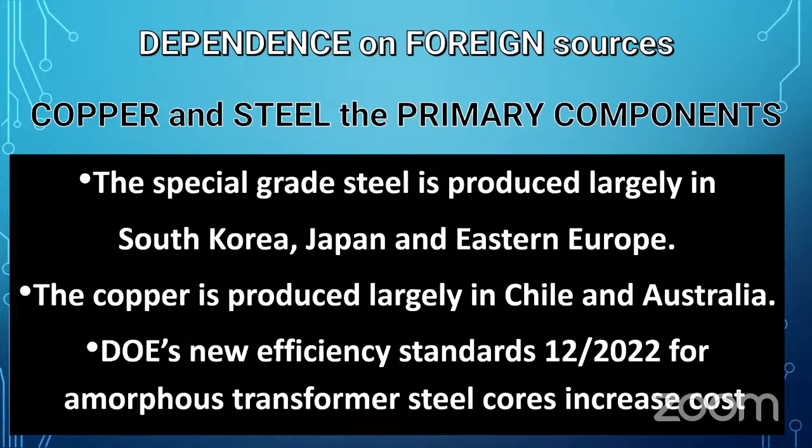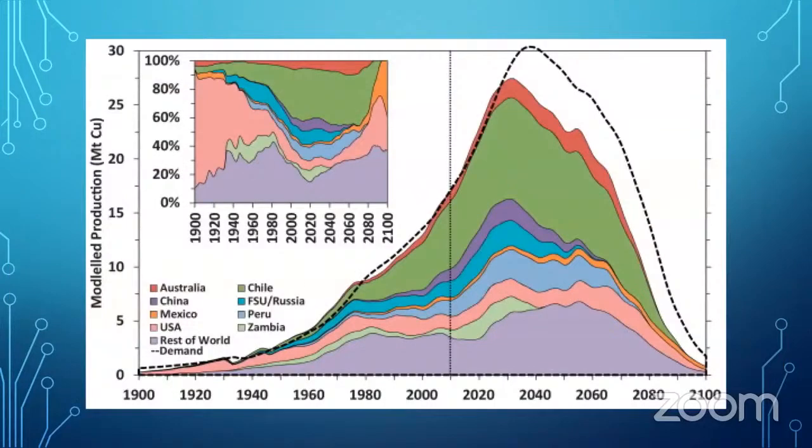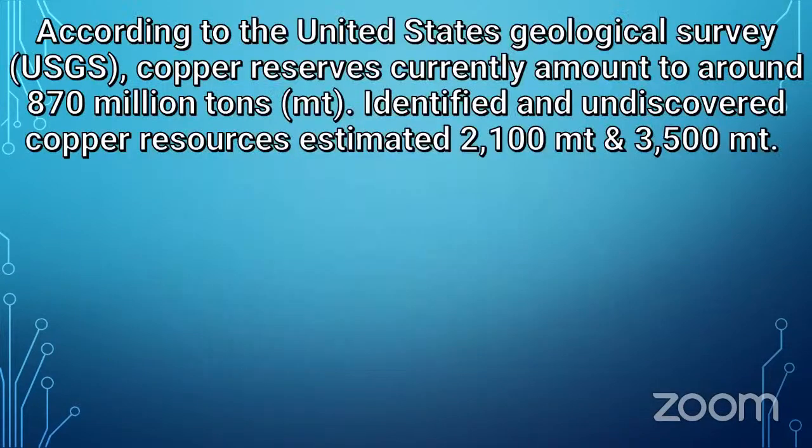So those efficiency standards are delaying the production of transformers and contributing to the crisis. Here's a graphic depiction of our reliance on foreign sources.